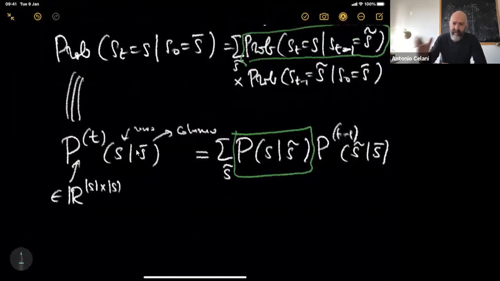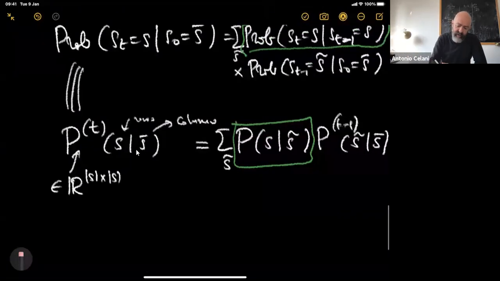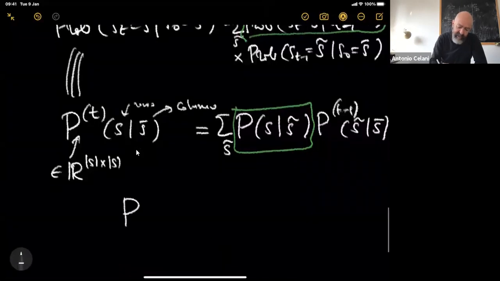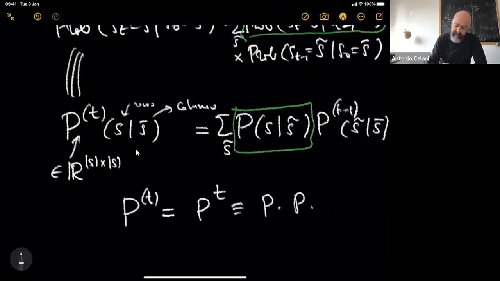I'm just taking columns times rows of the new matrix. So in short, this tells me that the T matrix is just this P matrix to the power T. So this is P times P times P, T times.